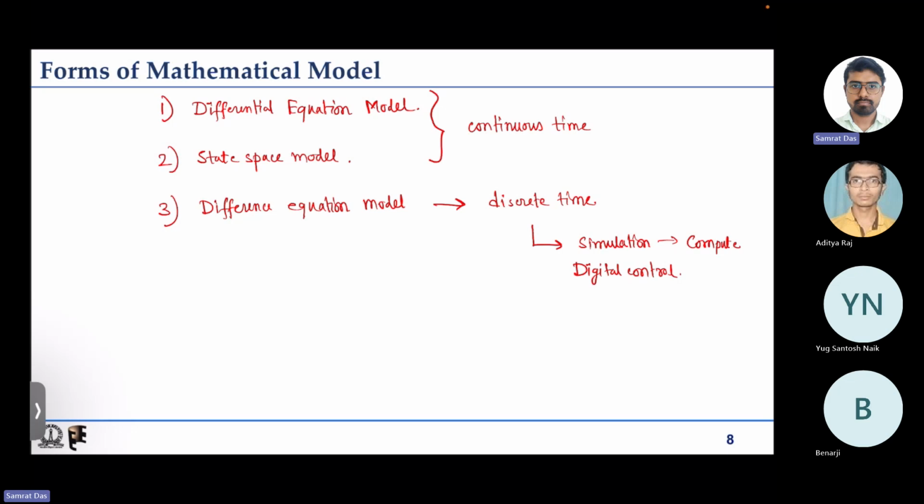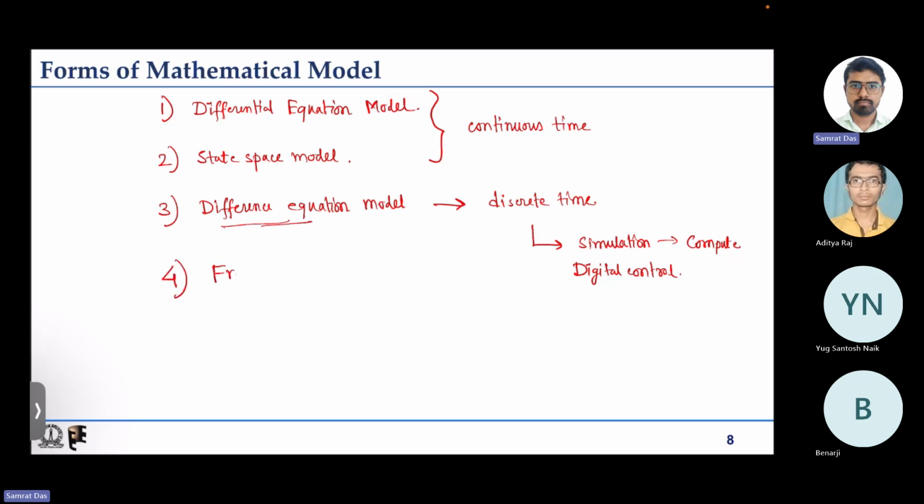Those analog controllers are continuous time controllers, so that is fine. But as soon as you want to implement some control in microcontrollers, that is digital control, you need to finally implement your controllers in difference equation form. And for that you need to write the mathematical model in difference equation form, not differential equation form.